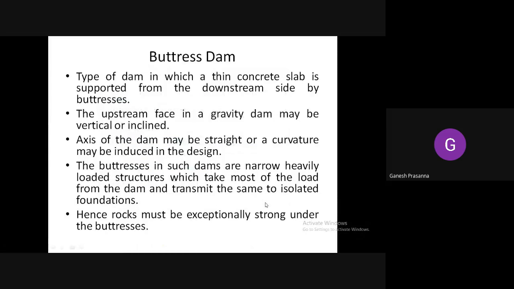The upstream face in the gravity dam may be vertical or inclined. The axis of the dam may be straight, or a curvature may be induced in the design also. The buttresses in such dams are narrow, heavily loaded structures. The basement of the buttresses will be very heavily loaded, so that the load is taken into the foundation itself, not on the structure.